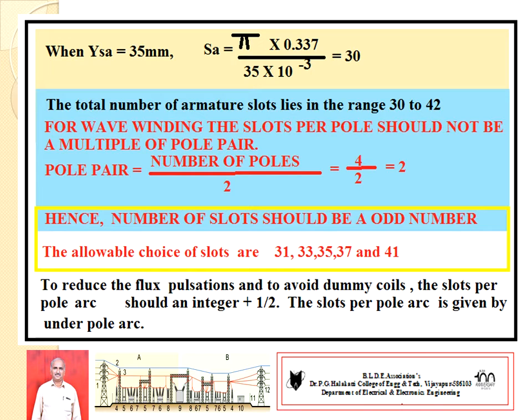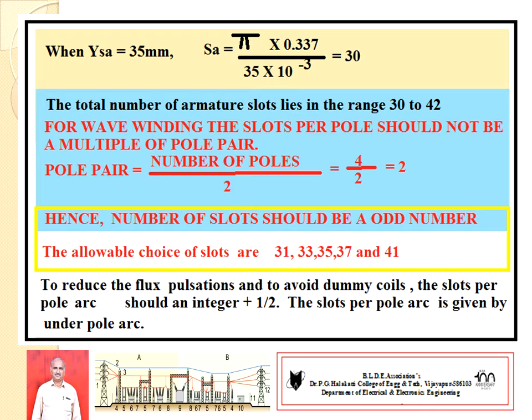First you determine pole pair. Pole pair equal to number of poles divided by 2. So, total number of poles are 4 divided by 2, so finally you get 2 pole pair. Hence, the number of slots should be an odd number, as per the above statement.